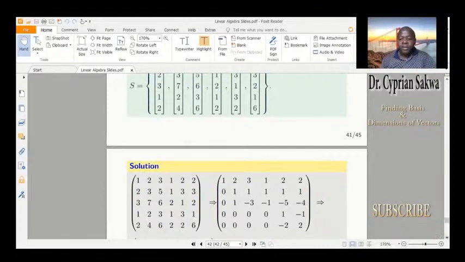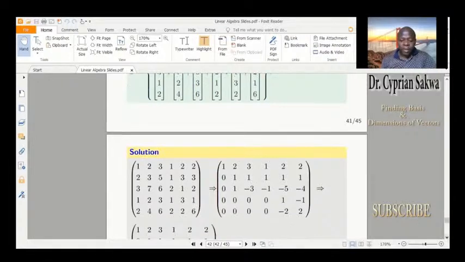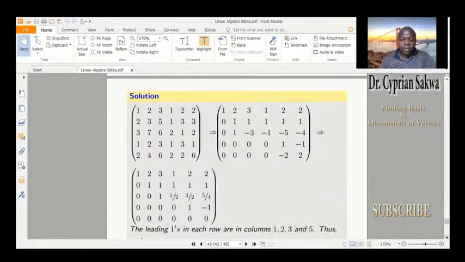And then reduce to echelon form. And we know to reduce that. So when I did reduce to echelon form, what I got was this as my final matrix. Remember that the vectors were arranged in column form. So we would identify the leading ones and choose the vectors in the original columns. The vectors in the original columns become the basis.